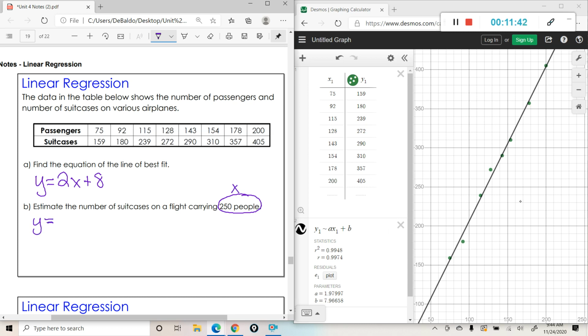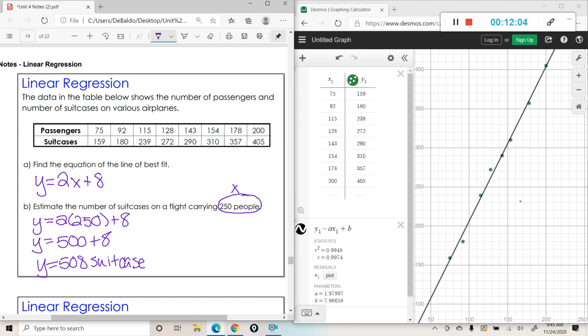So here we go. Y equals 2 times 250 plus 8. And I'm just going to go ahead and simplify that down. So 500 plus 8, that's easy. Y equals 508. And it's going to be 508 suitcases.